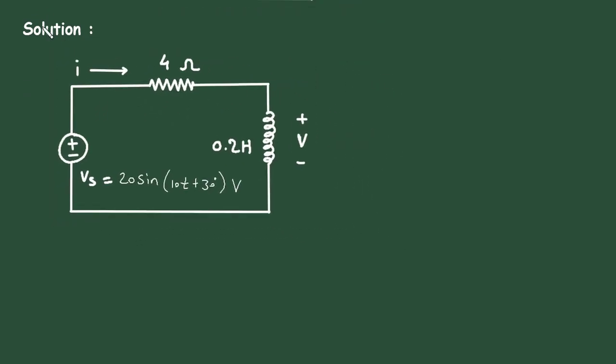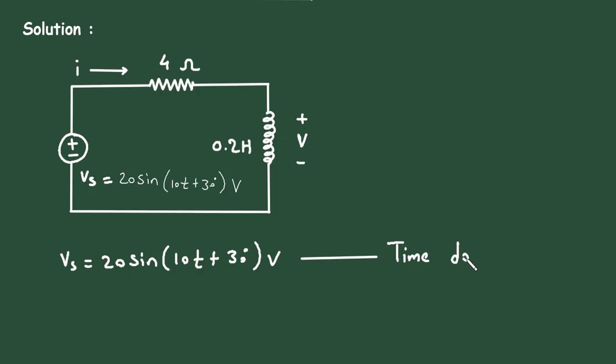Now we will write what is given. The supply voltage Vs is equal to 20 sin(10t + 30 degrees) volt. It is given in time domain format.